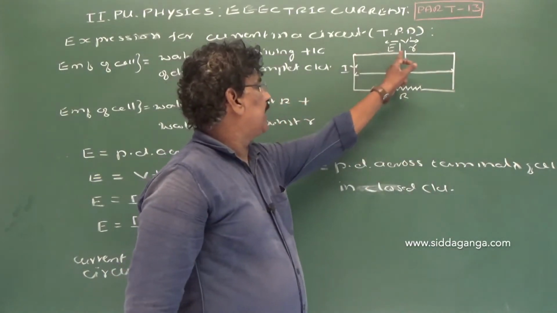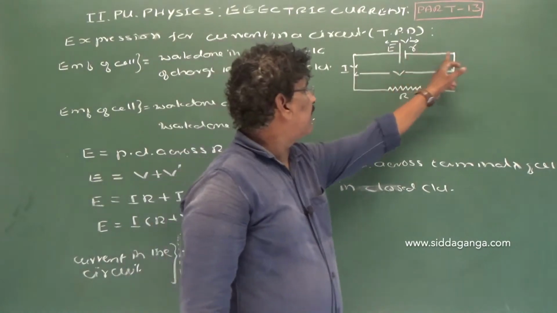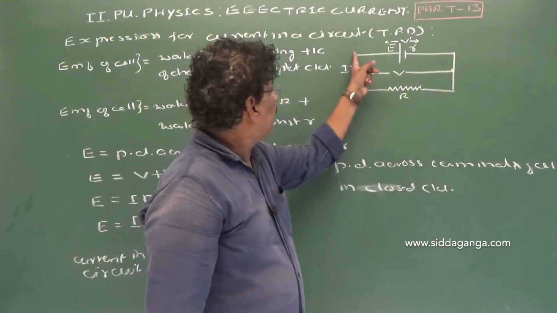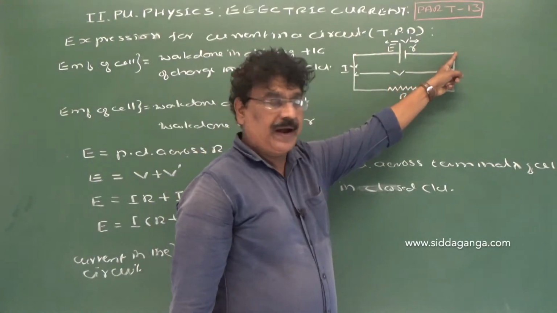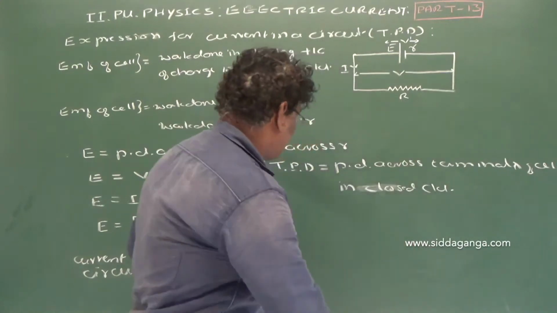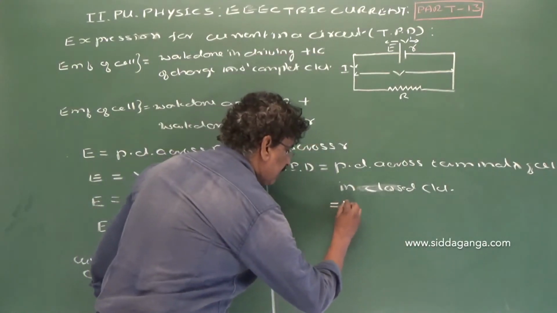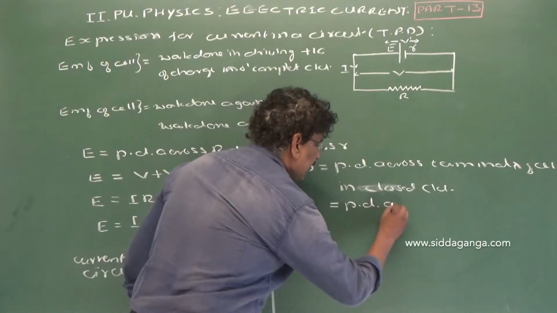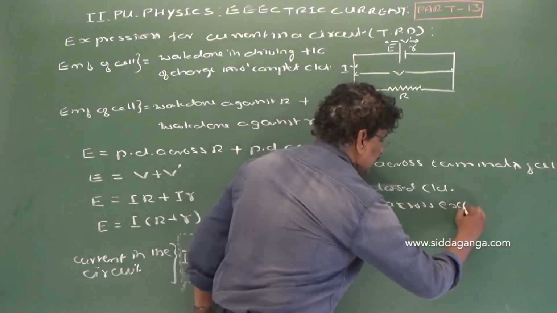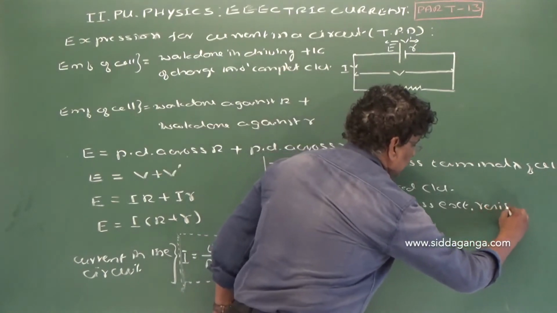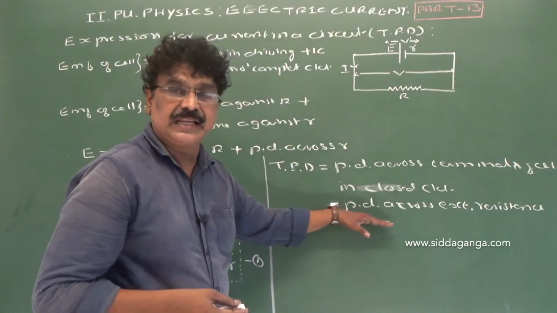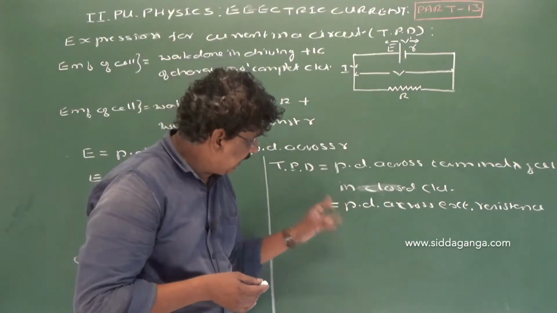This point is connected to the positive terminal, this point is connected to the negative terminal. Now the potential difference between these two points is equal to the potential difference across the external resistance.